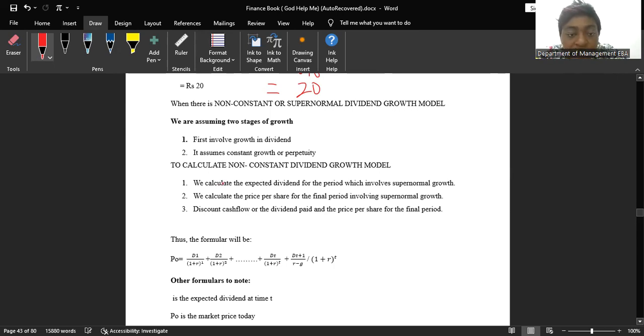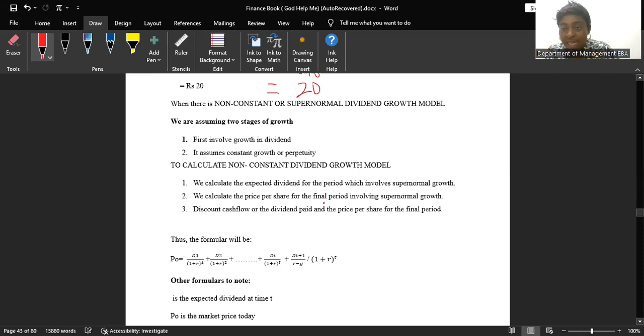First, you calculate the expected dividend for the period which involves the supernormal growth, so you grow each of the dividends based on the growth rate. Then calculate the price per share for the final period of supernormal growth, which means discounting the first forever amount. Because every time you are valuing anything, you are discounting.